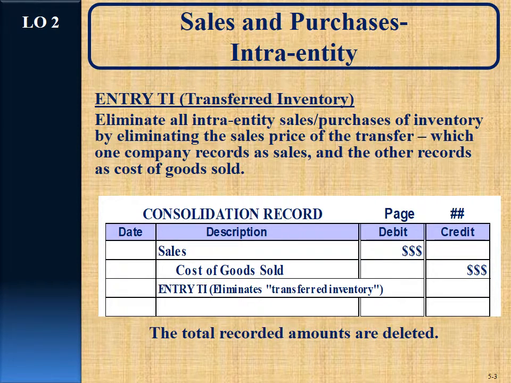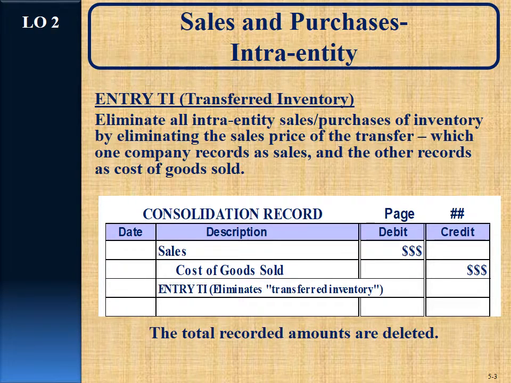For example, if Arlington Company makes an $80,000 inventory sale to Zirkin Company, an affiliated party, within a business combination, both parties record the transfer in their internal records as a normal sale/purchase.